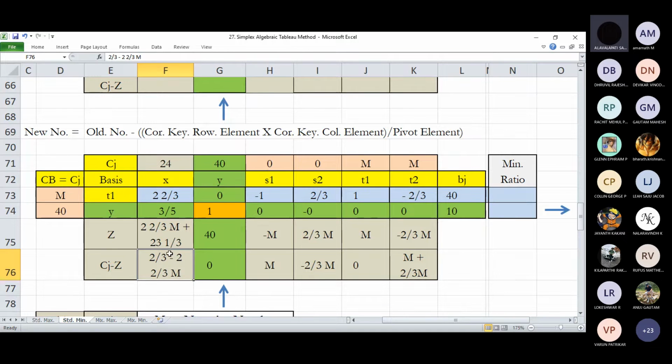M is the largest number, so we'll have a large negative value, right? So this is fine. And 40 minus 40 is 0, so we made this 0. Then 0 minus minus m, which is plus m. So 0 minus 2 by 3 m is minus 2 by 3 m. So m minus m is 0. M minus minus 2 by 3 m is m plus 2 by 3 m.